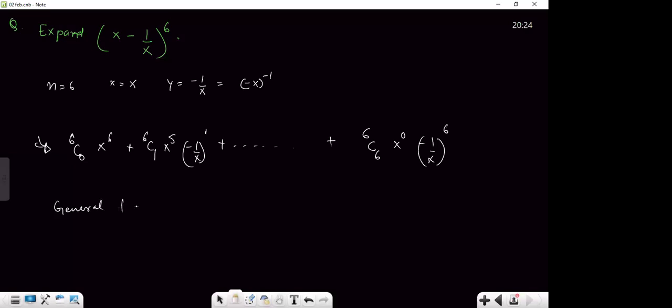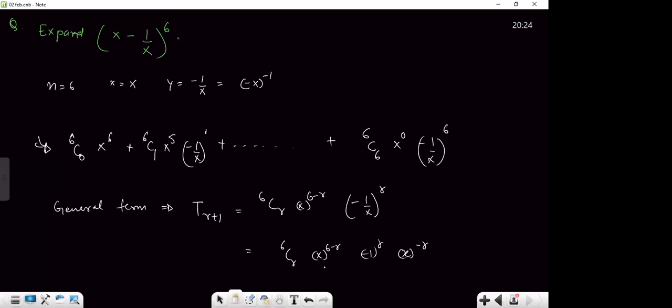A simple formula to write all the terms. So in the general term, we are looking for the tr plus 1th term: 6Cr x raised to power 6 minus r into minus of 1 raised to power r. Okay, 6Cr remains 6Cr, x raised to power 6 minus r, minus 1 raised to power r, and x raised to power minus r.